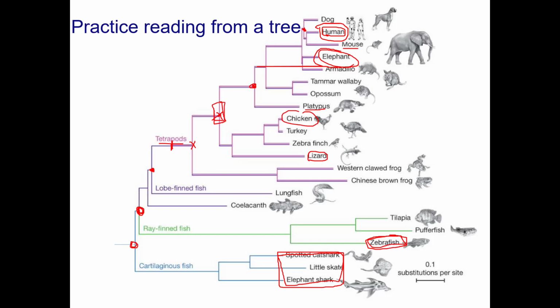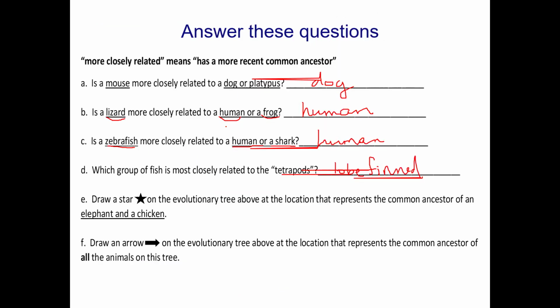Here's where your common ancestor is. Oh, it said put a star, sorry. Star. Okay. I might have you on the quiz click on the point where there is a common ancestor.